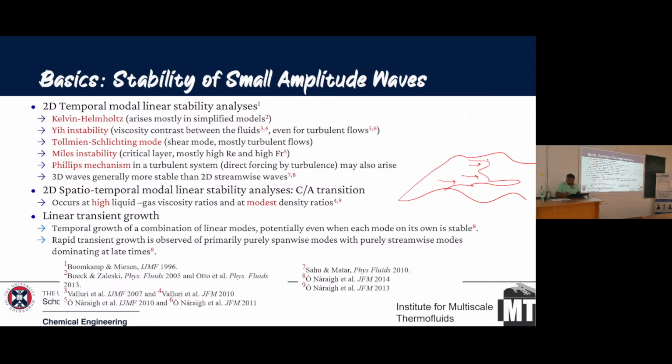This calls for a different analysis, called linear transient growth analysis, where you compare the competition between different waves. Then you can predict which wave in your system is going to pull the whole thing, or which wave is important for you, and design your system in that way.